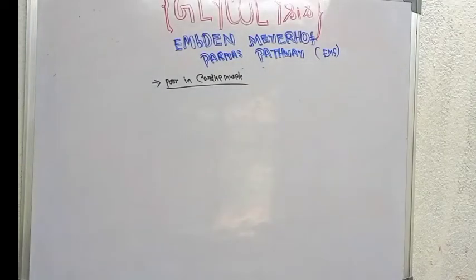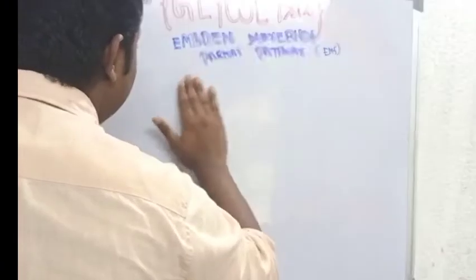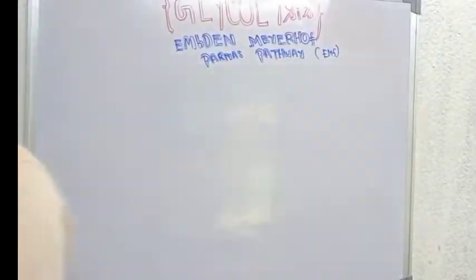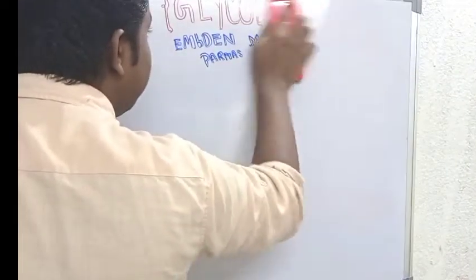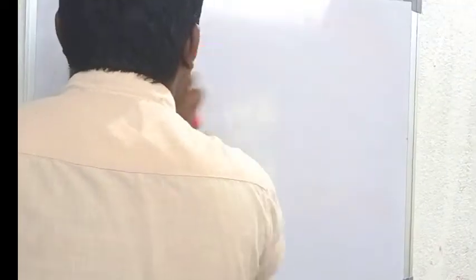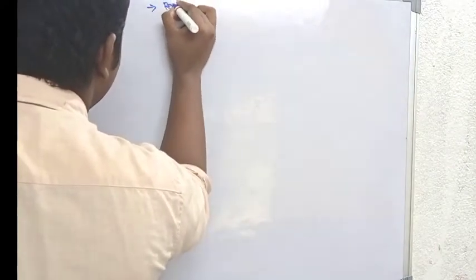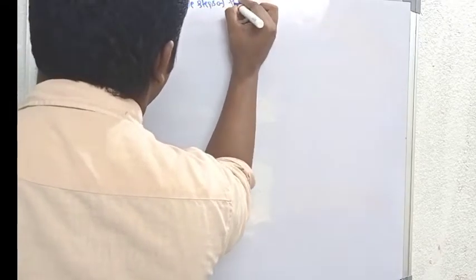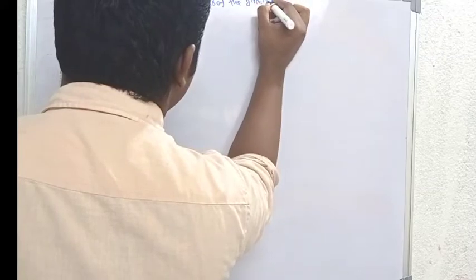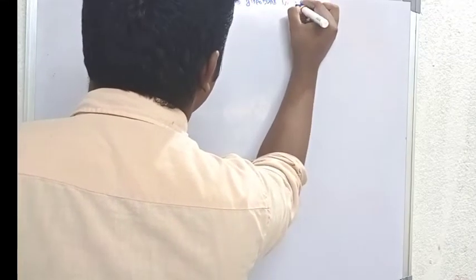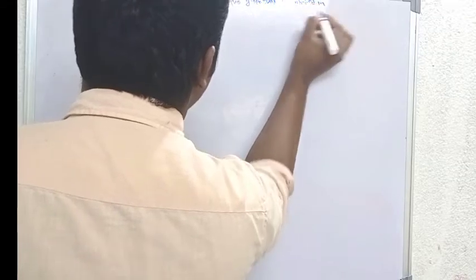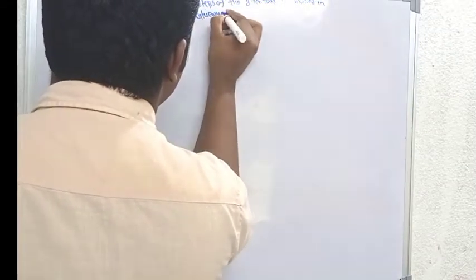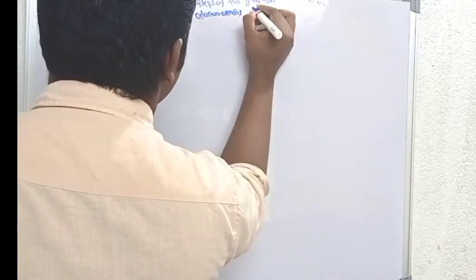Different kinds of enzymes participate in this glycolysis process. The reversible steps of glycolysis are involved in the gluconeogenesis process.